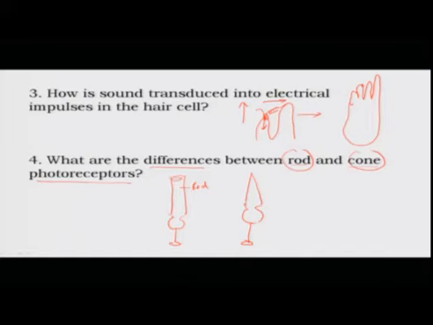Now, these have membranous discs which contain two different pigments. In the case of the cone cells, it is the cone opsin, and in the case of rod cells, it is rod opsin. Now, cone opsins are of different kinds: red, blue and green.